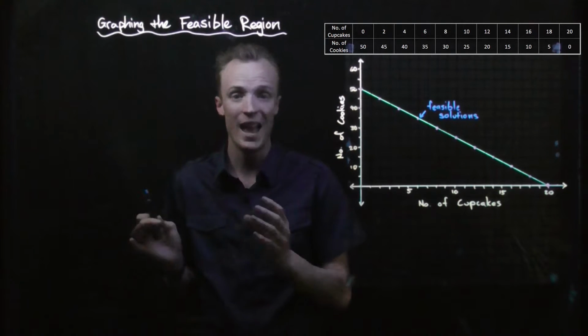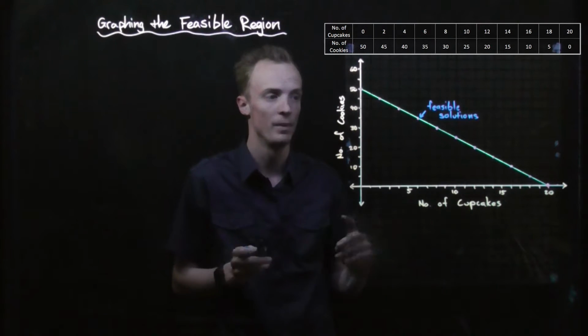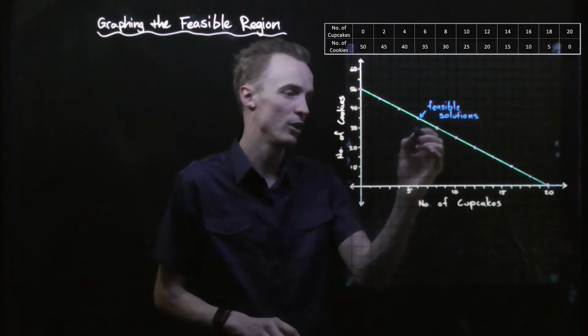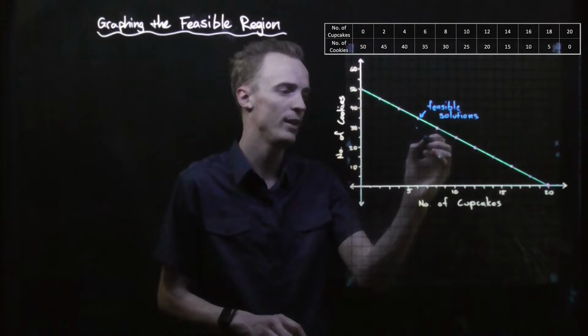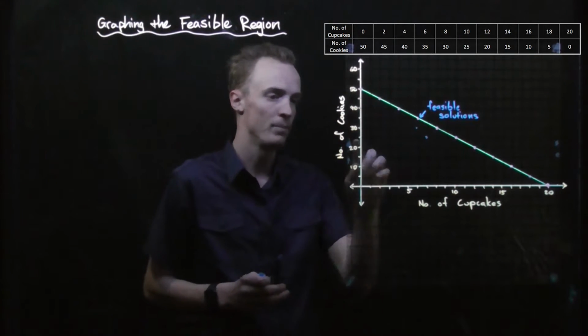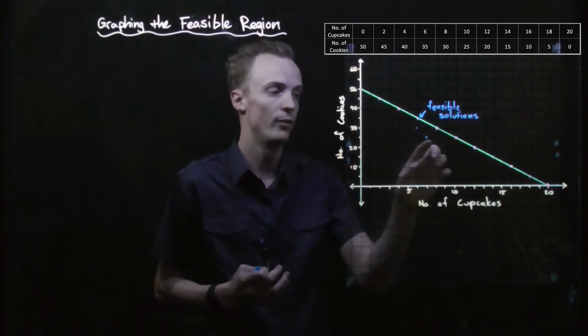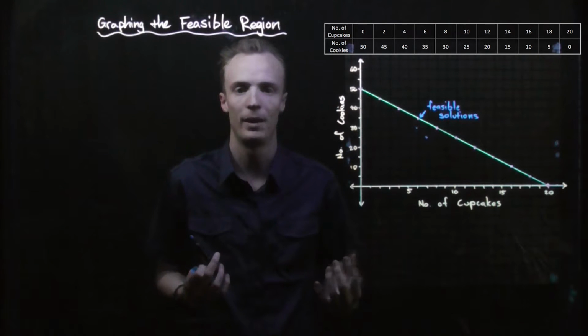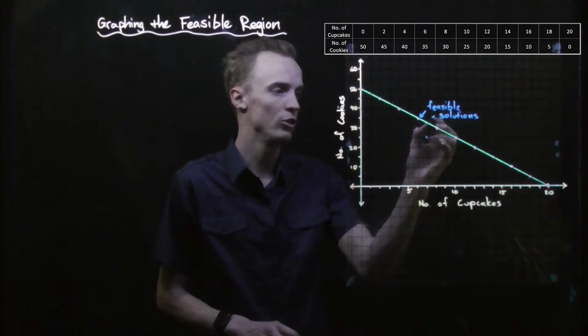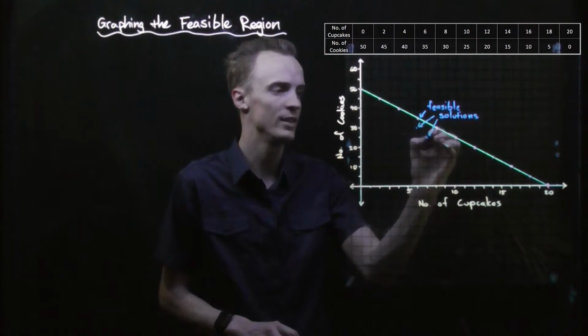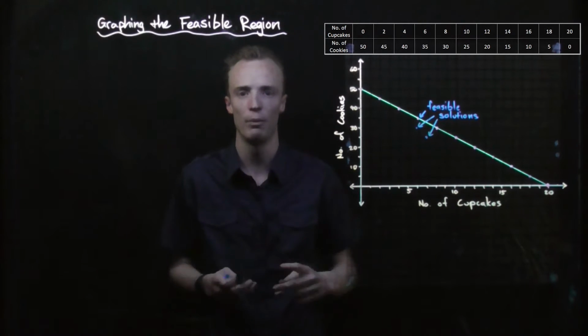We don't actually have to use the entire budget. So feasible solutions also exist inside of here, where we've got, say, 30 cookies and 6 cupcakes, or 25 cookies and 7 cupcakes. So feasible solutions are solutions that we can use in our problem.